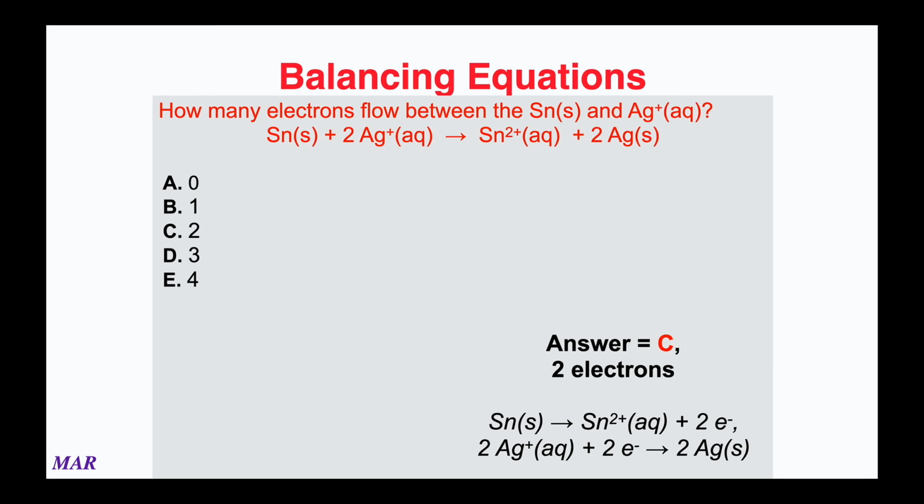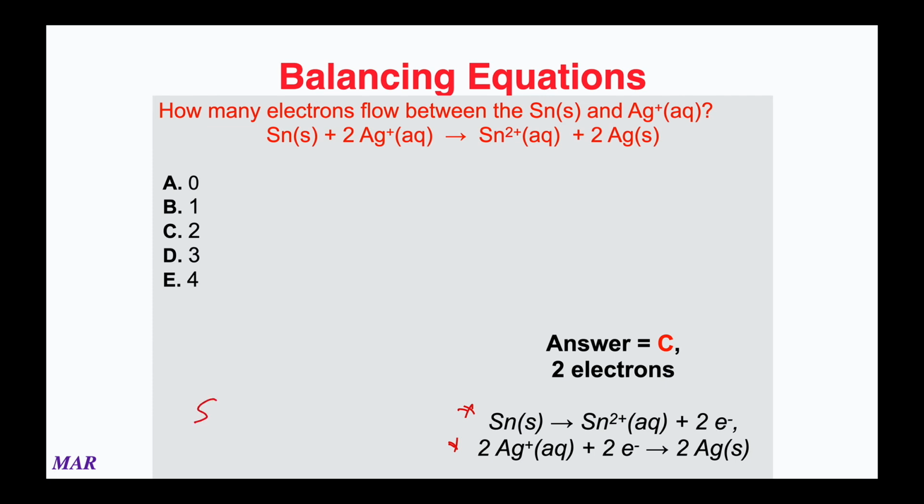If you wrote these as half reactions, you'd see tin goes to tin 2 plus 2 electrons. You could also see that 2 silver plus 2 electrons makes 2 silver. These 2 reactions here are both balanced for charge. If you have a reaction that's balanced for charge, you're good to go. But this does actually bring up a different way you could do it.